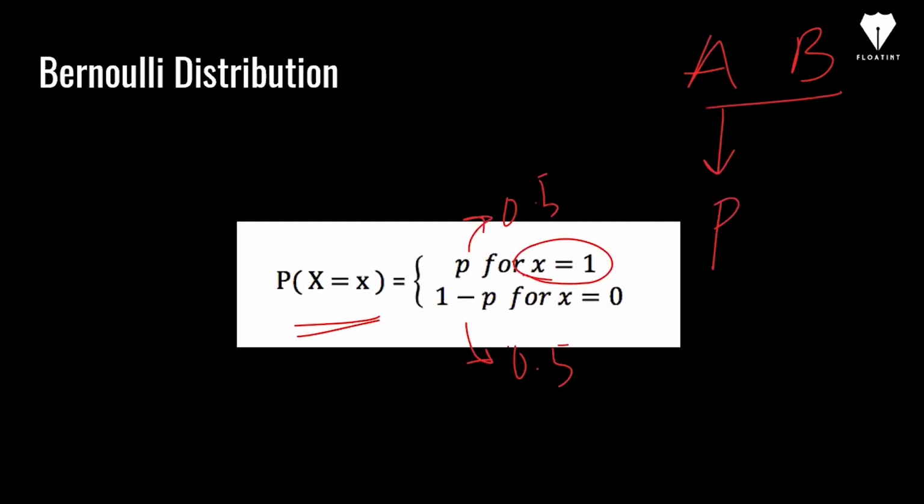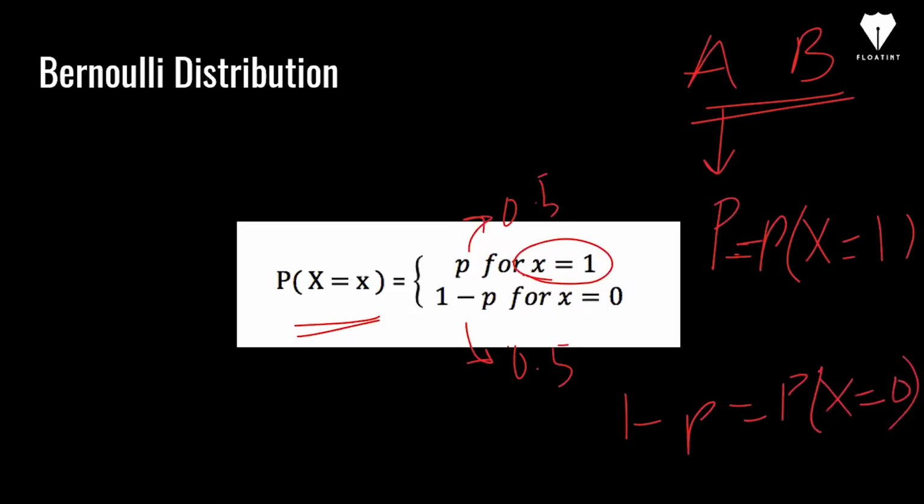So two players are playing. The probability of x equal to 1 is p, and 1 minus p is the probability of x equal to 0. In these cases, we use the Bernoulli distribution to describe such situations.